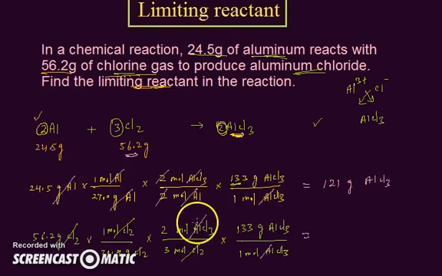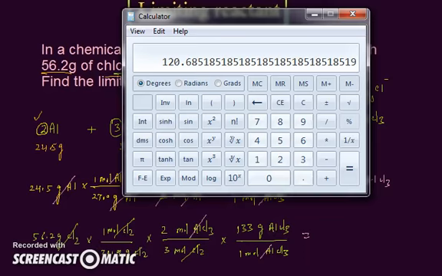Top numbers are divided by bottom ones. We multiply the top numbers. In the top we have 56.2, and it is multiplied by 2, and again we have another number, that is 133. This is the number we get, 14,949.2.